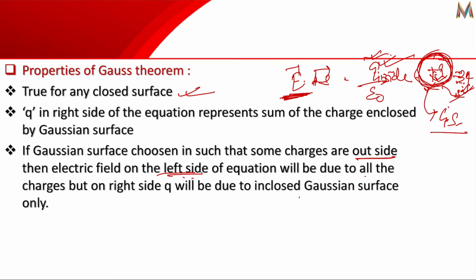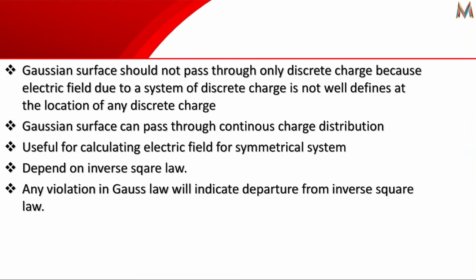For the whole of that, the electric field is represented on the left side, but on the right side of the Gauss theorem, in the mathematical form of the Gauss theorem, the q will represent only the charge present inside the Gaussian surface. That is the meaning of this important point. Okay. Come to the next point.